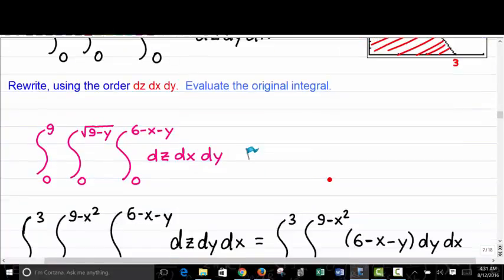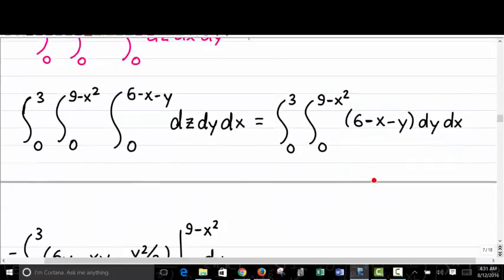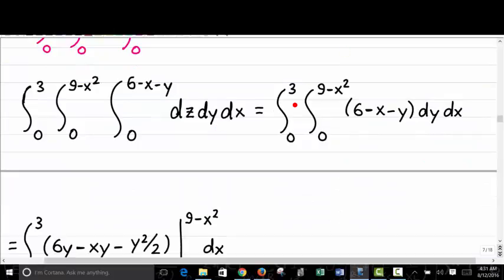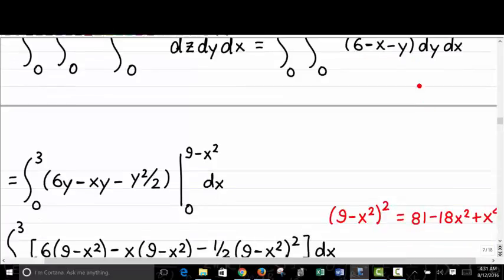All right, so to evaluate this upper integral, the first one gets a little messy algebra-wise, but integration-wise, it's not complicated. So we're going 0 to 6 minus x minus y. So dz, so just dz will be z. So it just brings that 6 minus x minus y. Now we have to integrate each of those terms with respect to y.